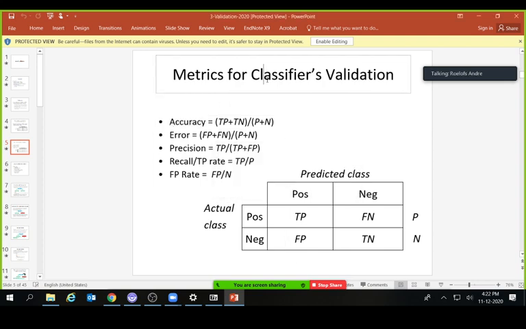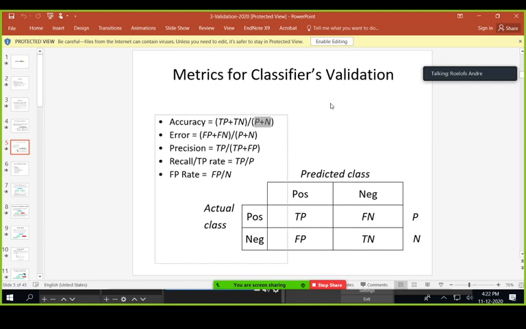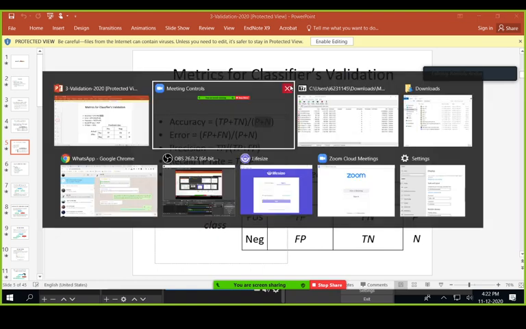Yeah, so classifiers validation. The accuracy is true positives plus true negatives divided by P plus N, right? So then the question is, can two classifiers have the same accuracy but different true positives and... what? Wait.